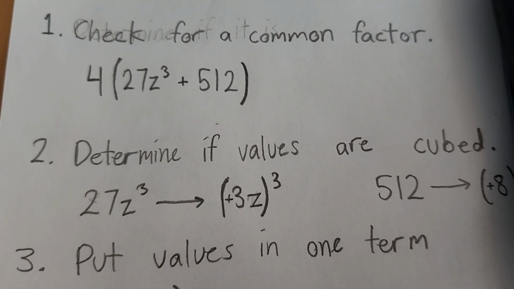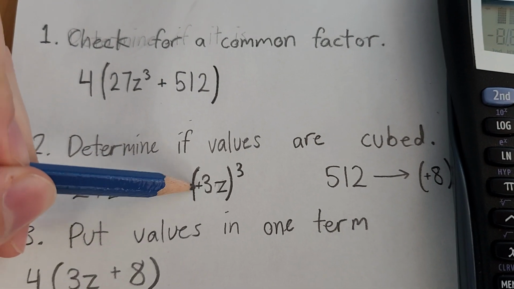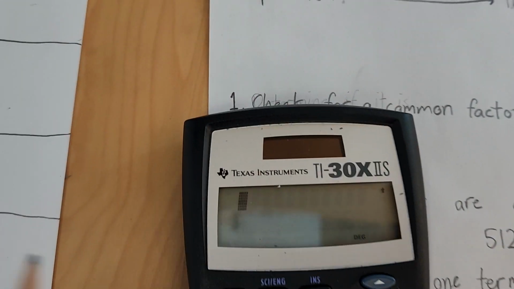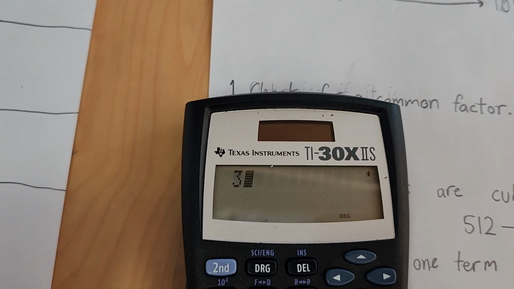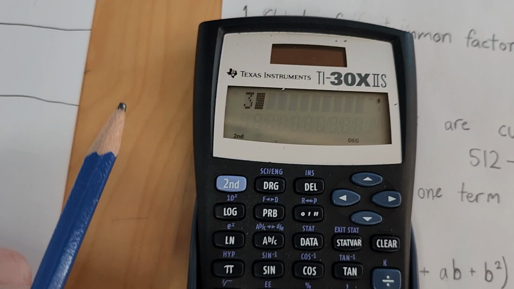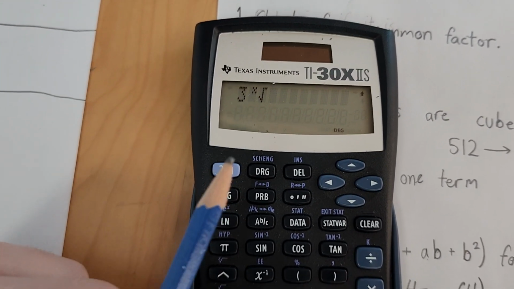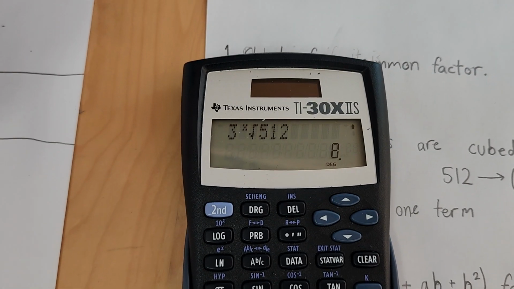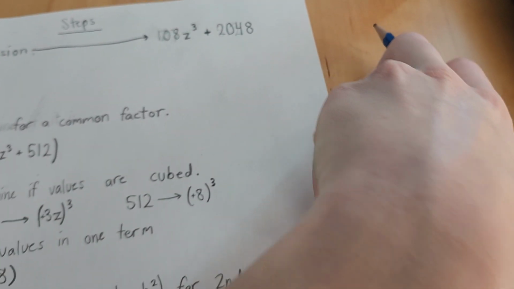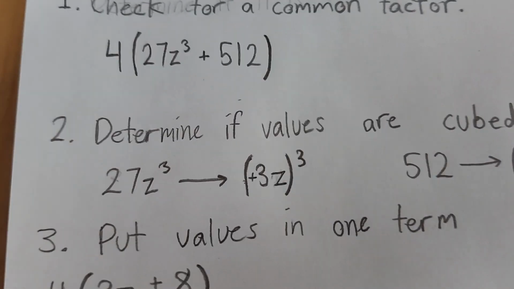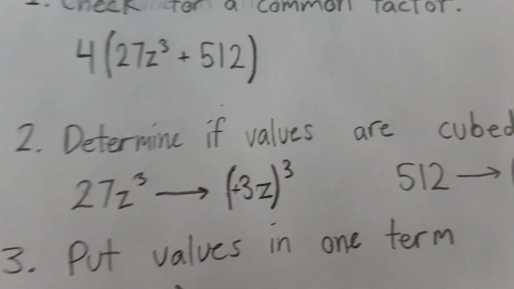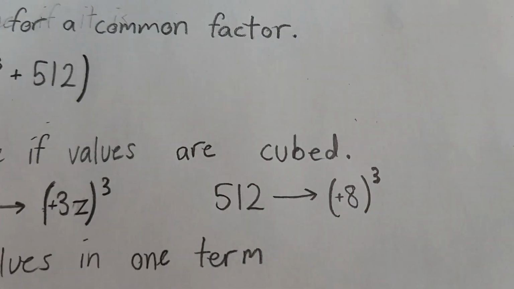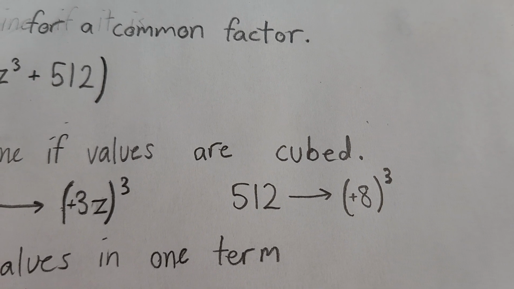So you have to make sure to have the plus there. This is positive. And then 512, I'll show it again on the calculator: 3, then second, this, and then 512. You do that for both numbers, we get 3z, because the z is cubed, we can just make it a singular z. And then 512 gets us positive 8.